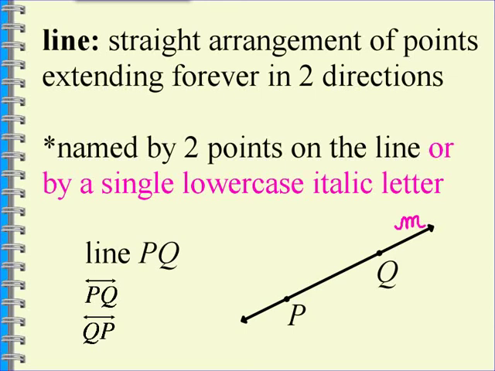The shortcut way for writing line PQ is to put a P and a Q and then a miniature line above it. So we could do line PQ, line QP, or line M. Those are 5 different ways that we could name that line.